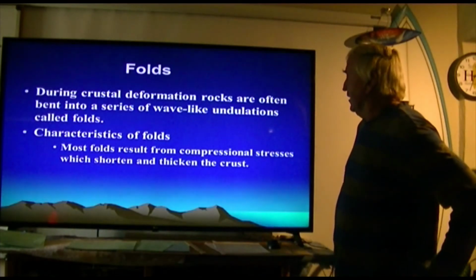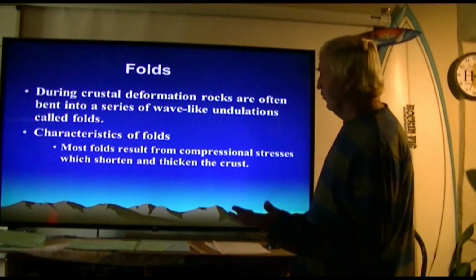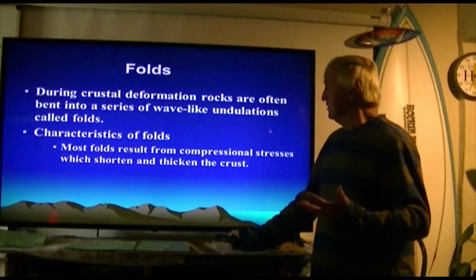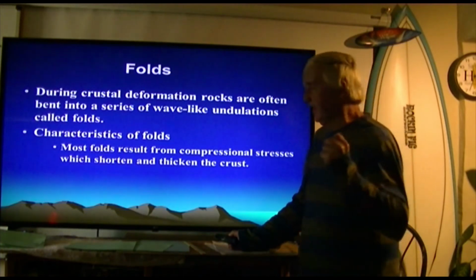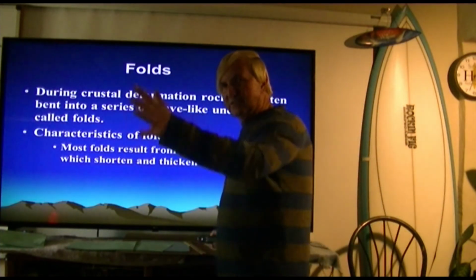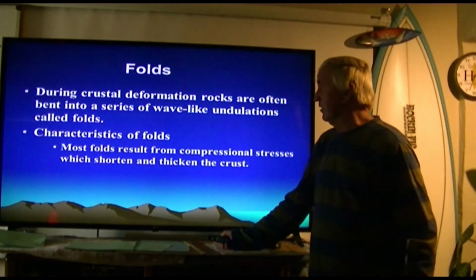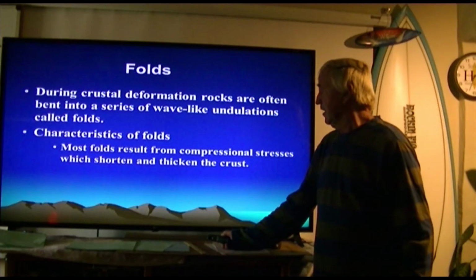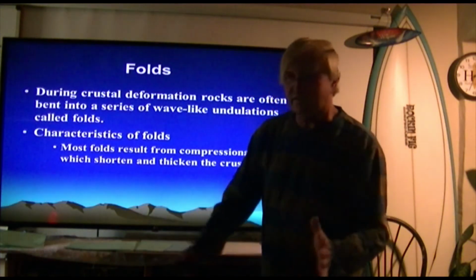So during crustal formation, rocks often bend into a series of wave-like folds. And what I definitely want you to know for the test: anticlines are upfolds, synclines are downfolds. So really, please note those two important characteristics of folds. And then the book gets into plunging anticlines and plunging synclines.